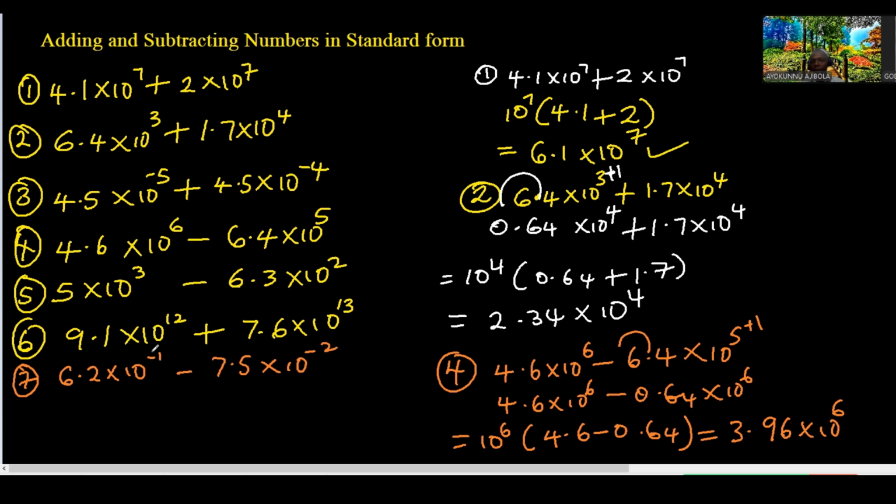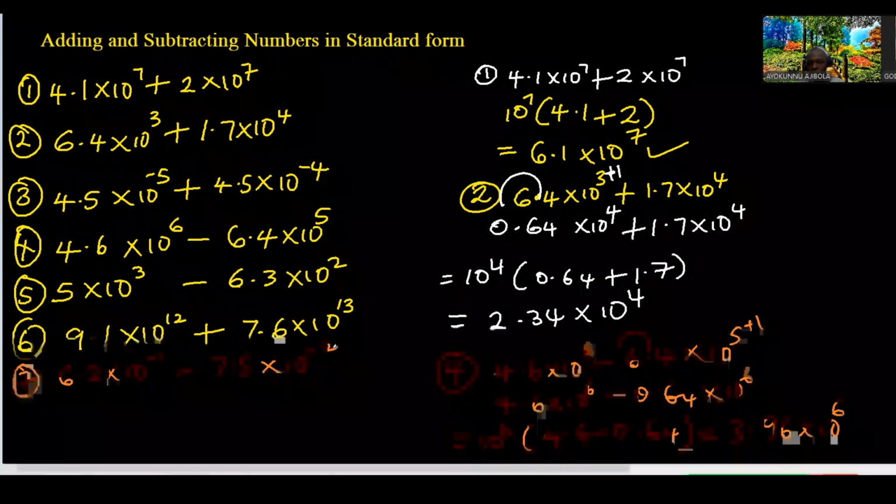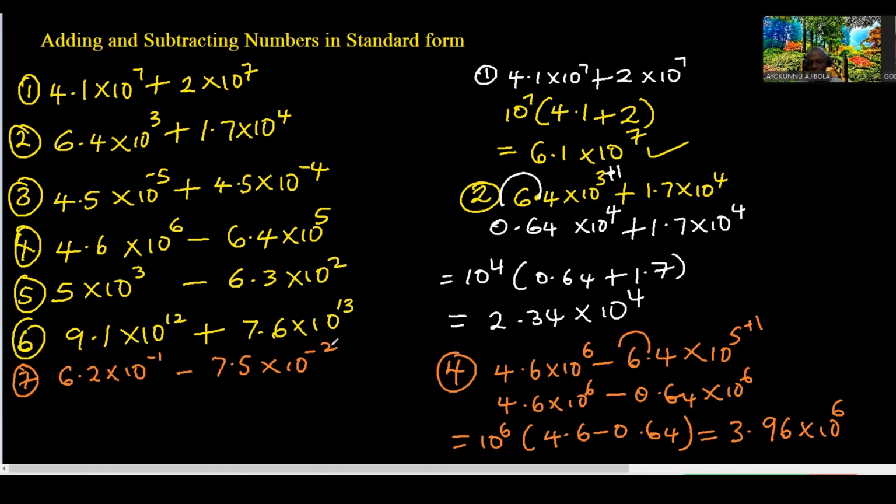This time around, the biggest of the power is negative 1, not negative 2, because in reality, negative 1 is bigger than negative 2. So what I will need to do is to make this negative 2 become negative 1. How will I do that?